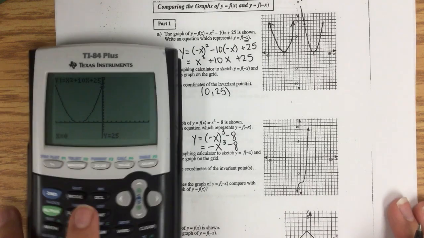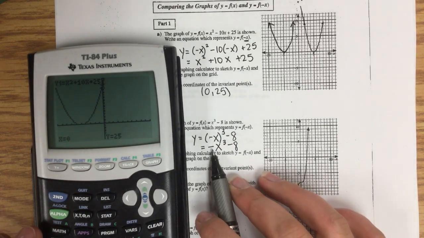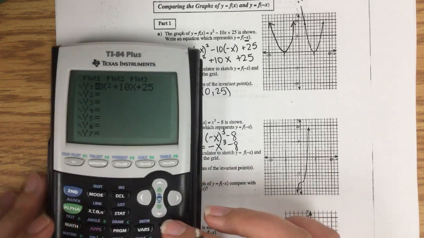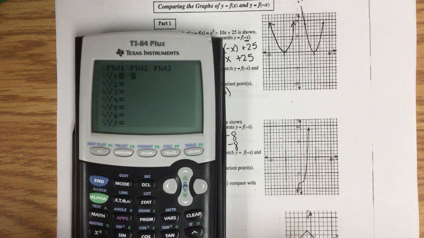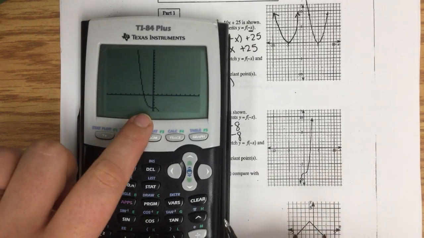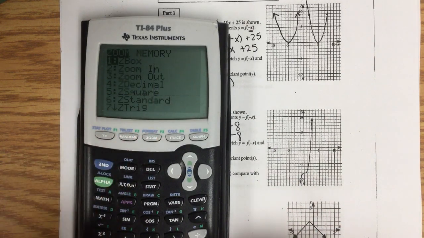So no real change on the inside of the bracket. So bracket or without bracket, you can graph it. Let's plot it, see what happens. Negative x cubed minus 8. Okay, here's the graph. I'm going to go back to the standard window.